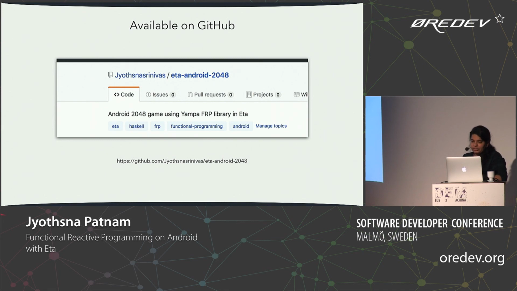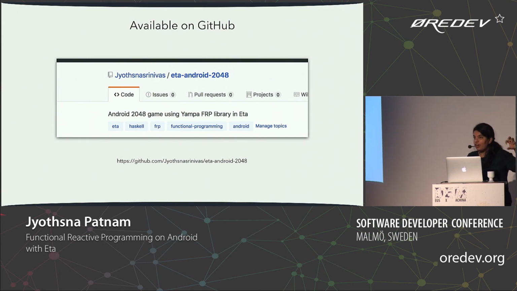So I want to tell you something really interesting. If you're not familiar with the Haskell world and the ETA world, you can write the game logic in Haskell or ETA because both are similar. And you can actually produce 3 types of application at the same time. Meaning, you write the game logic in Haskell.